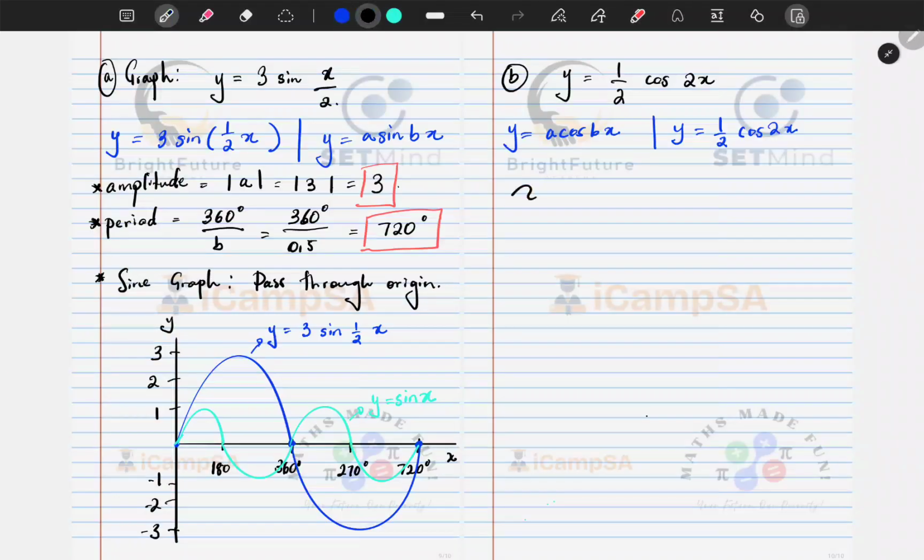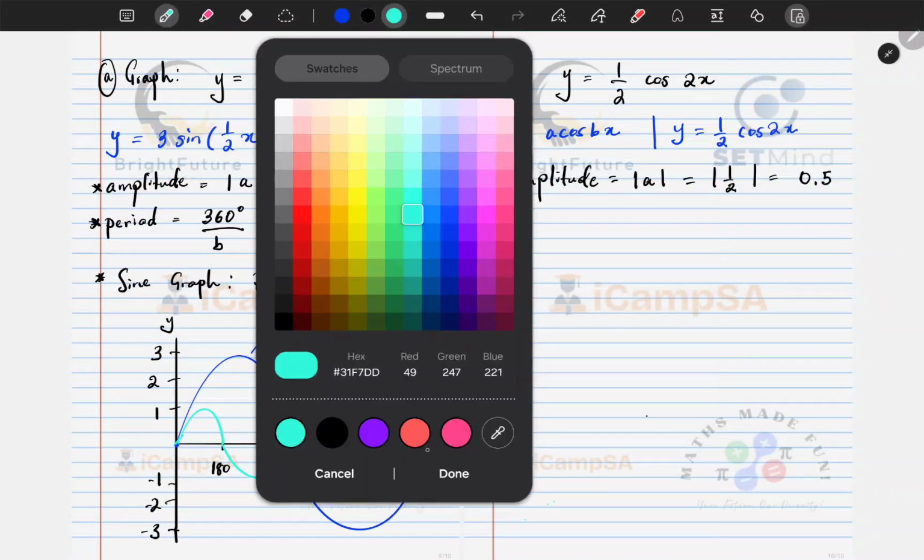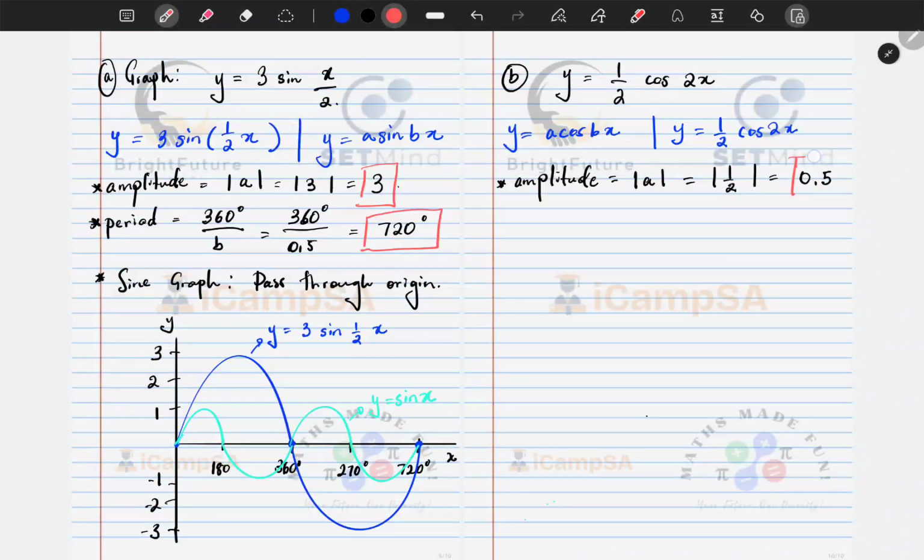So now what will be my amplitude? My amplitude is going to be my absolute value of a. And what is my a? My a is 1 over 2, so which means that my amplitude is just gonna be what? My 1 over 2, or which I can say it's 0.5, right? Great. So this will be my amplitude.